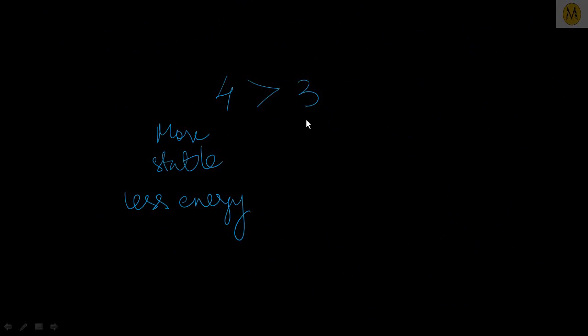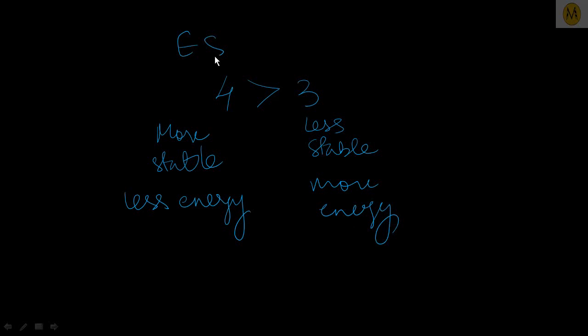Similarly, this is less stable, more energy. This is excited state and ground state. So what happens in d9 is the excited state behaves like the ground state.